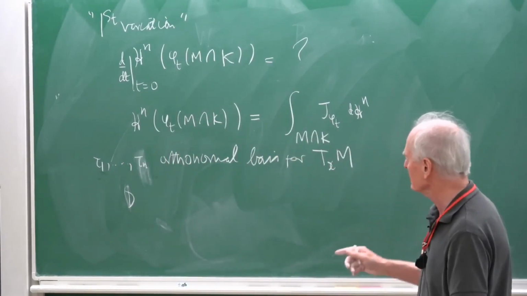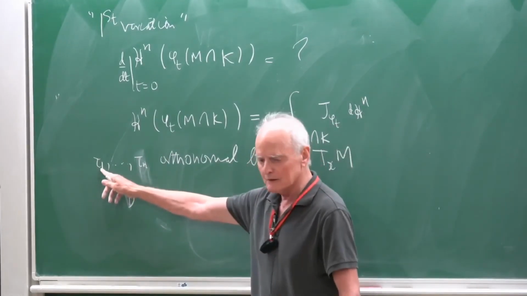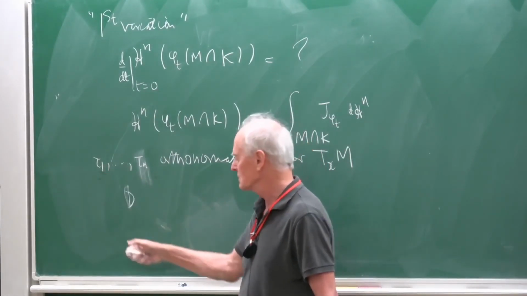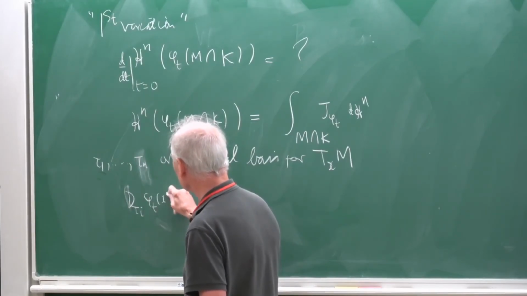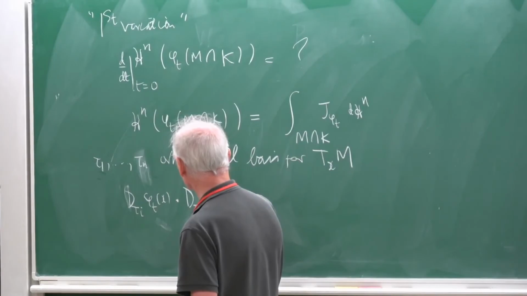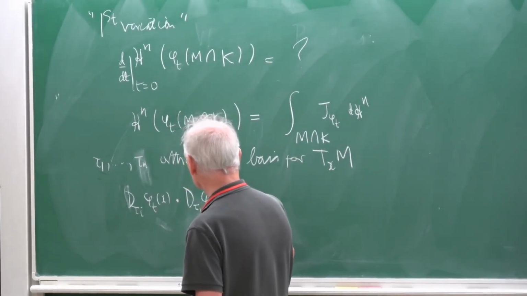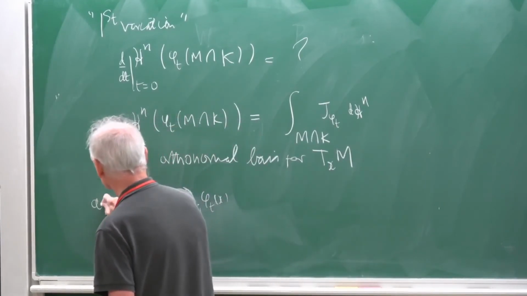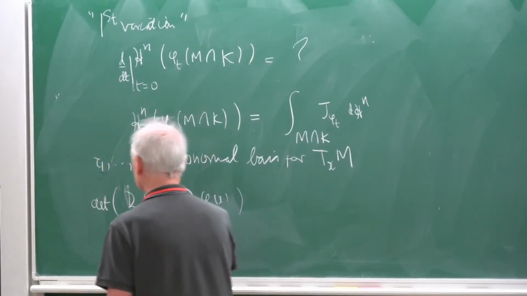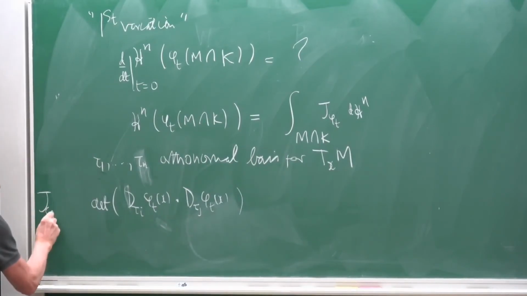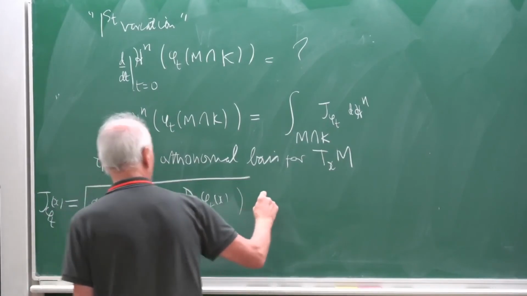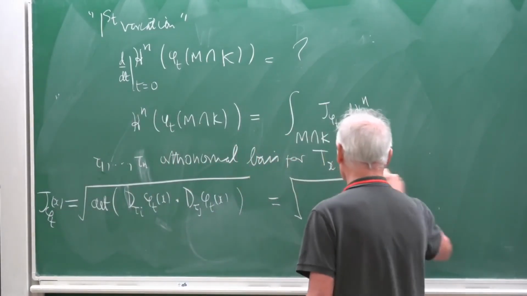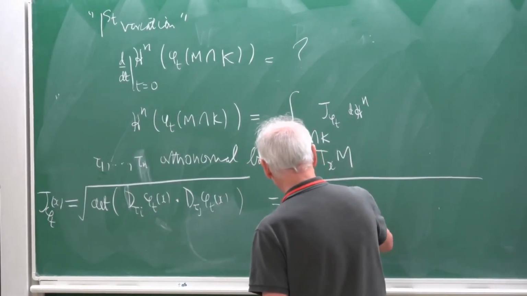But here we've got to take the ith directional derivative with respect to tau i, that is. So we take d tau i phi t at x dotted with d tau j phi t at x. And then we've got to take the determinant of that. And finally, we have to take the square root. So J sub phi t of x equals the square root of that, the square root of the determinant.